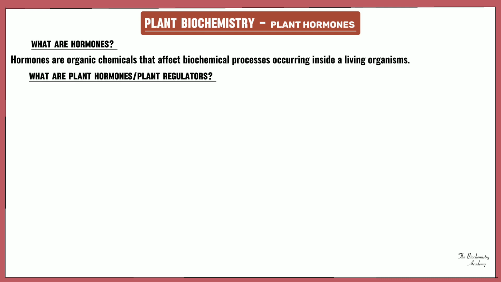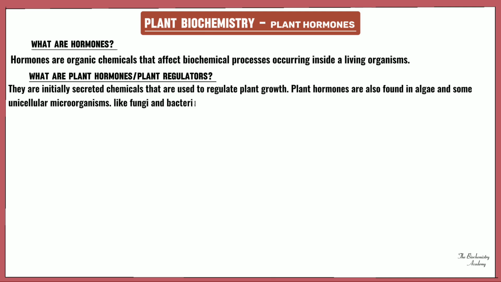Now we can say plant hormones, which are also known as plant regulators, are initially secreted chemicals in plants that are used for regulating plant growth. Plant hormones are also found in algae or some unicellular microorganisms like fungi and bacteria, but they are considered secondary metabolites and not hormones.